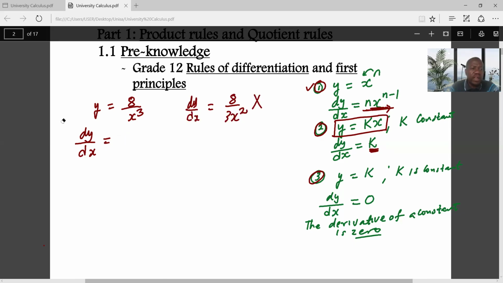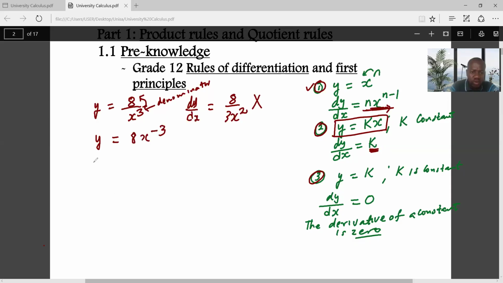Because if you recall very well, we cannot differentiate a function with respect to a variable that is at the denominator, according to what you have learned in grade 12. So we need to transpose the expression that is at the denominator to be at the numerator. To do that, we are going to use the principles of exponents. We first simplify: y equals 8 x raised to the power of minus 3.